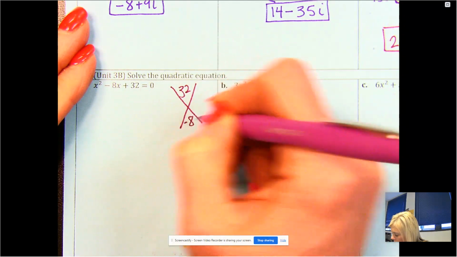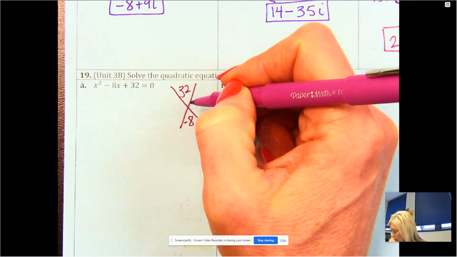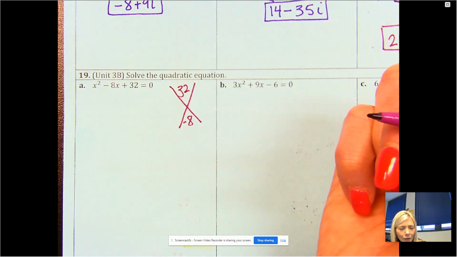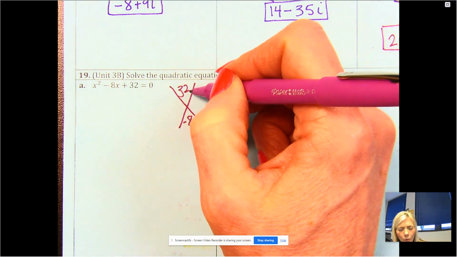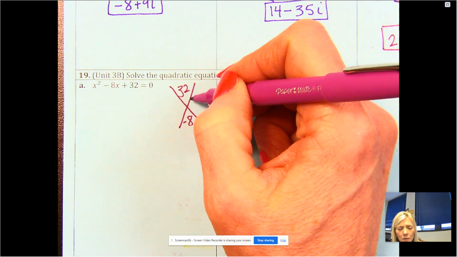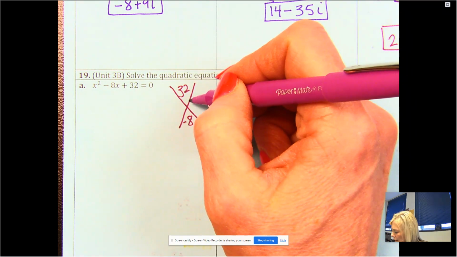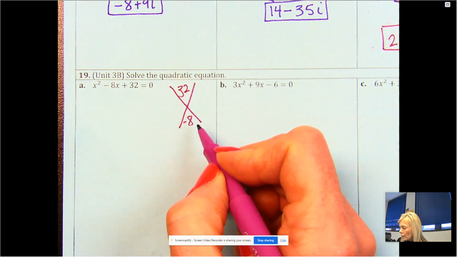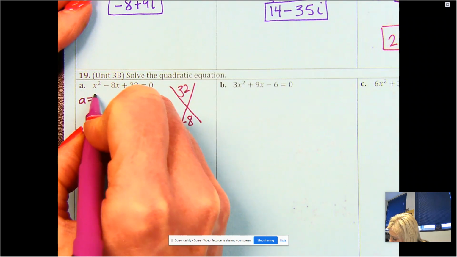So I need this to be -8. Actually, it doesn't even look like we can factor. I don't know what I was thinking there. So I know 32 is like 1 times 32, 2 times 16, 4 times 8, and that's it. And none of them would allow me to add up to -8. So I'm not going to factor. I'm going to use the quadratic formula.